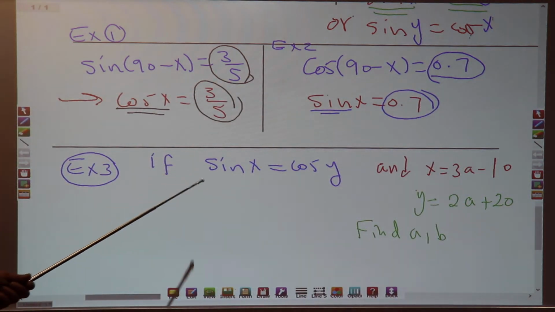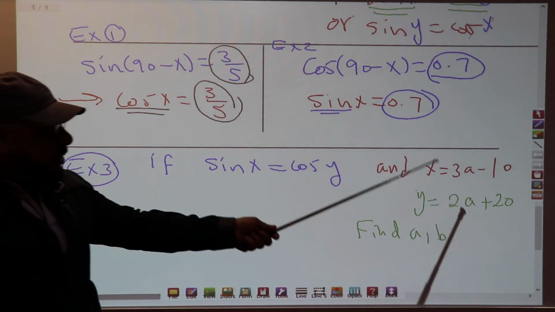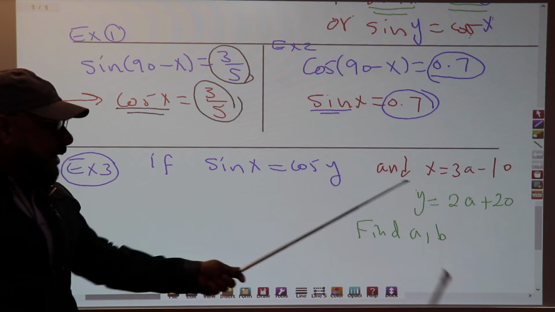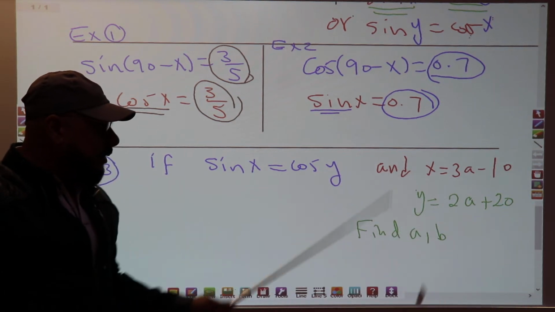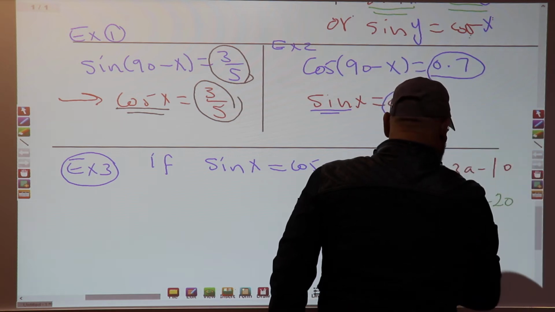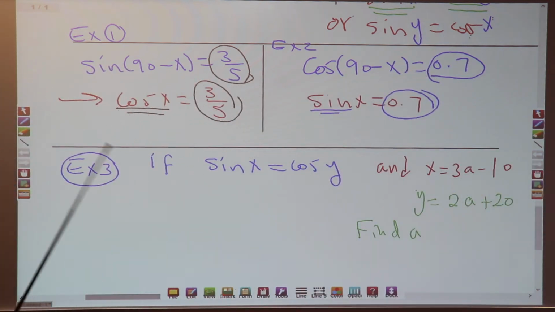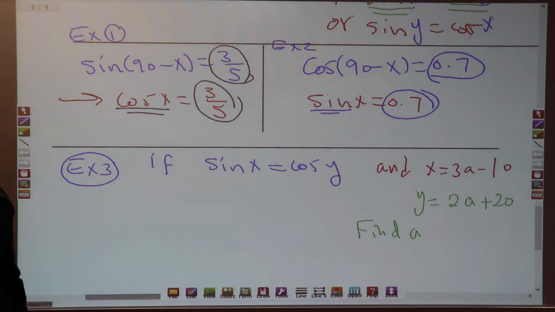Now another example in SAT. If sine x equals cosine y, and x equals 3a minus 10, y equals 2a plus 20, find a. What is this? Sine x equals cosine y.